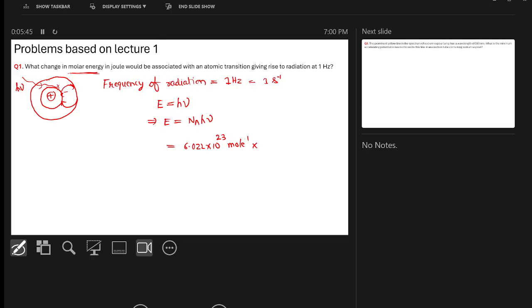And h is 6.626 times 10 to the power minus 34 joule second. And what is the frequency? 1 per second.